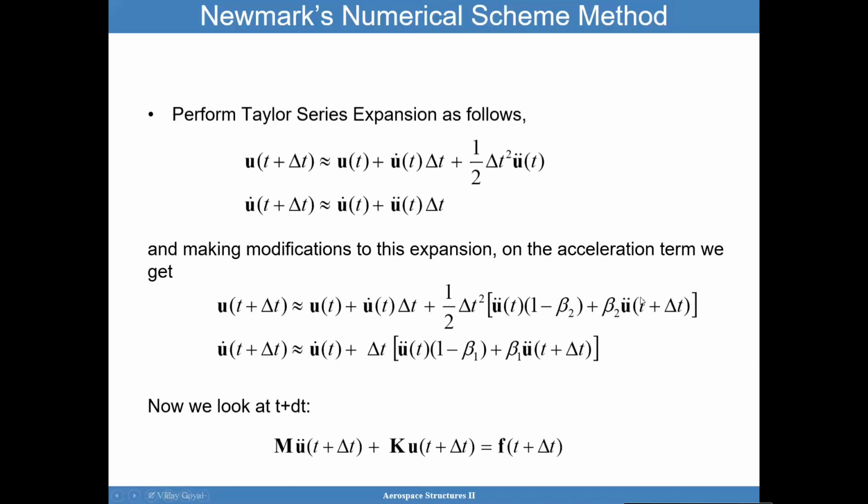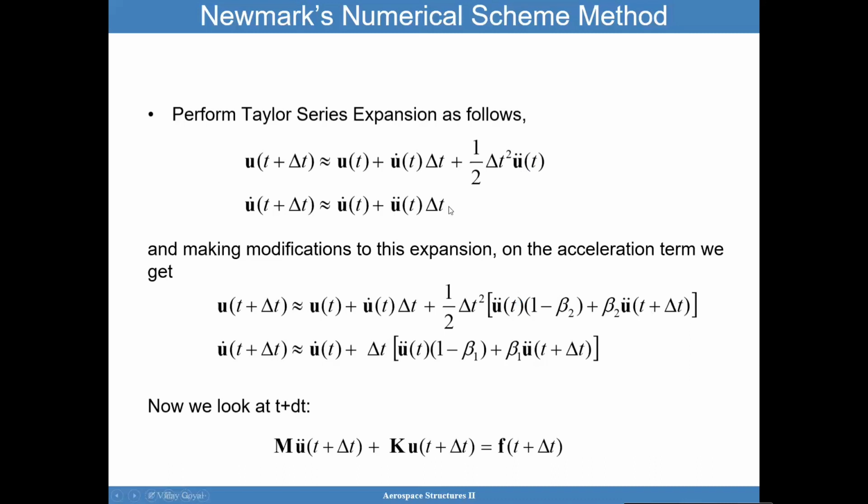So these are just simplifications, or basically an expansion or generalization of Taylor series expansion. And what we're really doing is taking this term and making it an approximation of the present over the future. So it's somewhere in between is what we're doing here with the acceleration term.